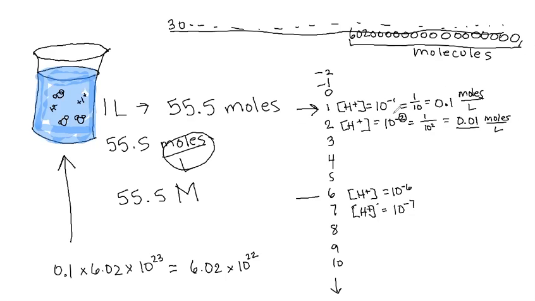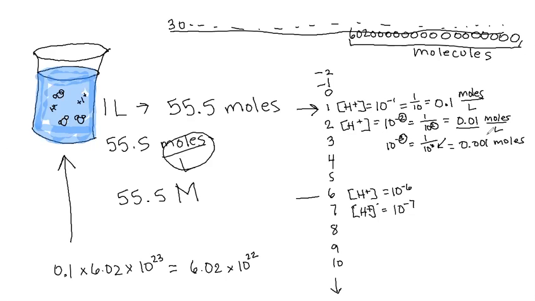And that's because of this negative sign here, that exponent ends up being on the bottom of a fraction. So this one is going to be 10 to the negative 3rd. So it looks like it would get bigger because the 3's here, but remember that that means 1 over 10 to the 3rd. And so the bottom of our fraction is getting bigger, which means our number is actually getting smaller, 0.001 moles per liter.